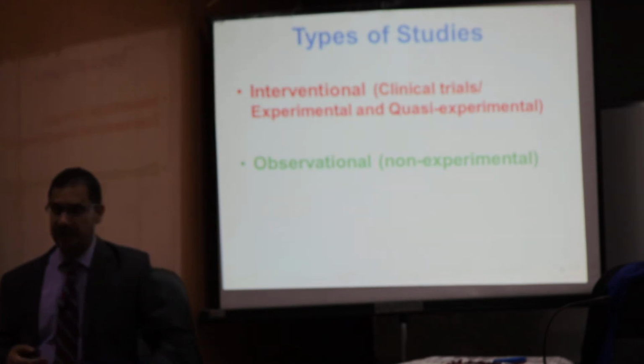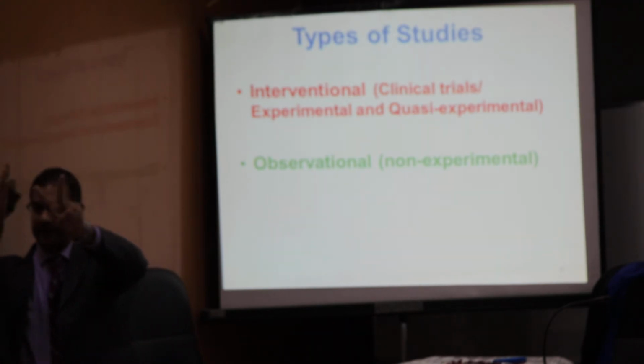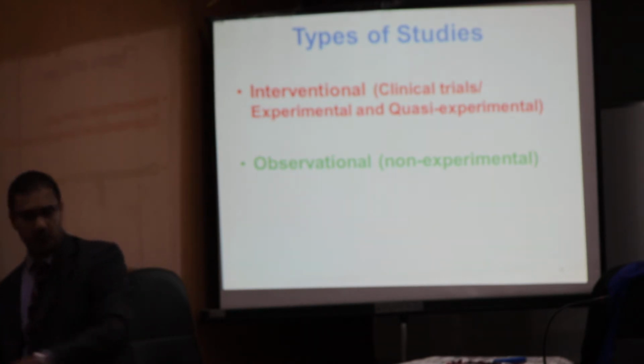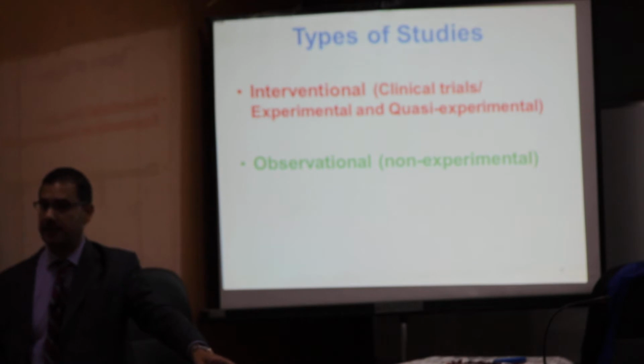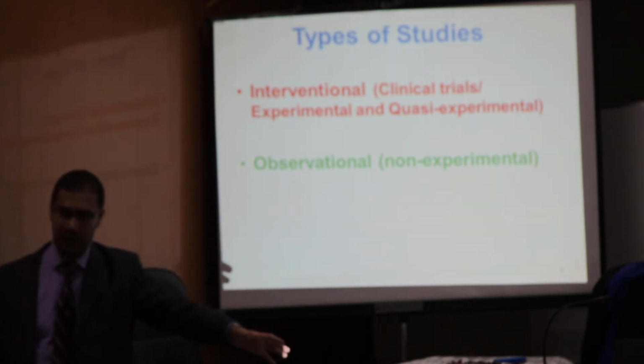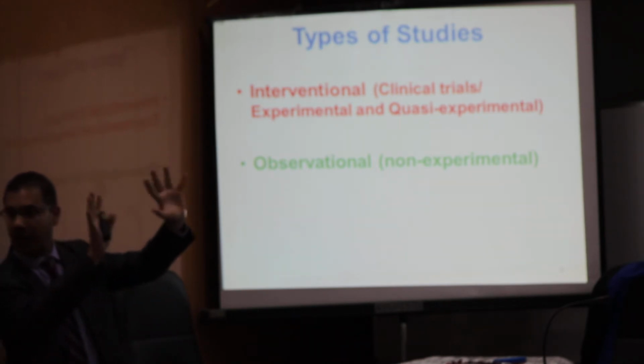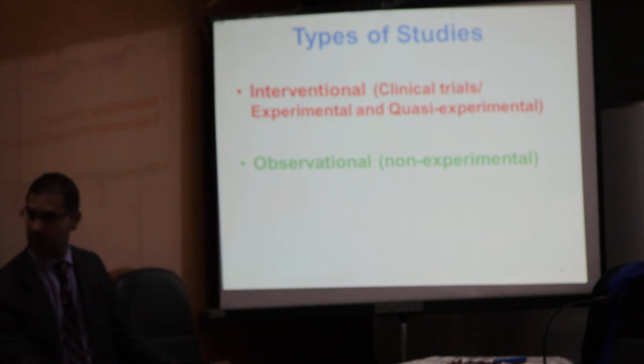Types of study, as I mentioned, we have two main. Either interventional, where I'm going to conduct something, I'm going to intervene. We also call it experimental or quasi-experimental. I will talk about this later. Observational, I don't intervene, I just record what's going on.